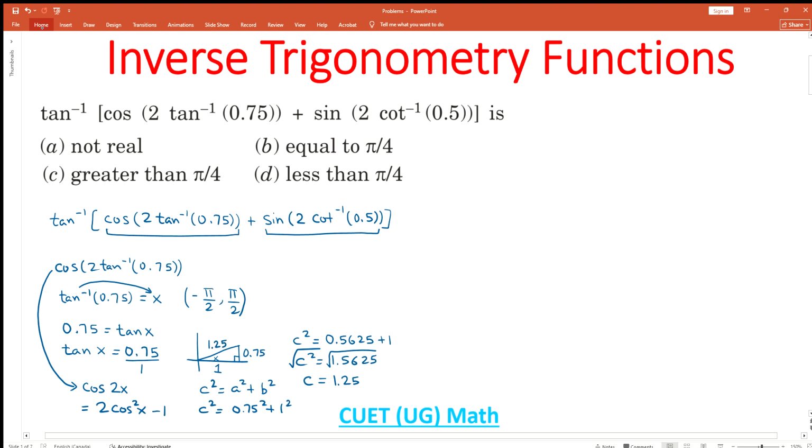Therefore, cos x is equal to 1 over 1.25 because the formula for cos is adjacent over hypotenuse. So we get 2 times (1 over 1.25) square minus 1. 1 divided by 1.25 is equal to 0.8. 0.8 square is equal to 0.64.